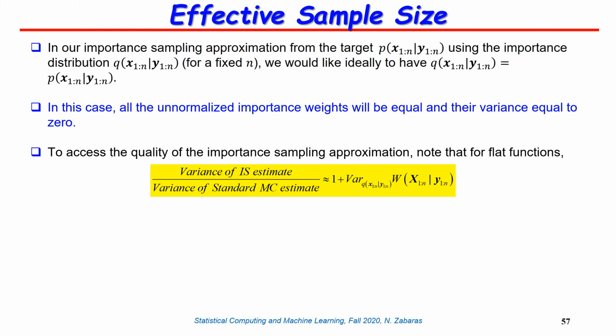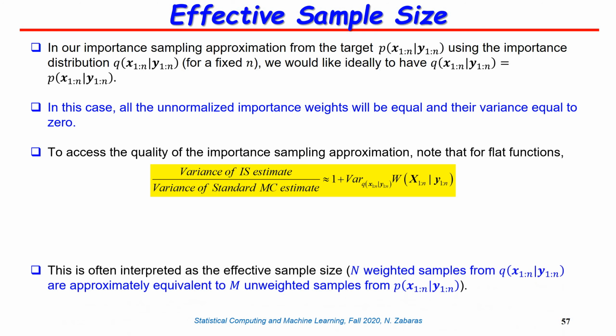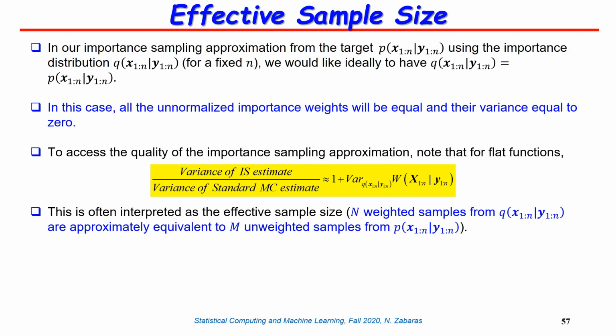And that has implications because it allows us to define what is called an effective sample size. So effectively, if we do importance sampling, it turns out that the samples that we have are equivalent to standard Monte Carlo samples, but with some reduction in the number of samples.